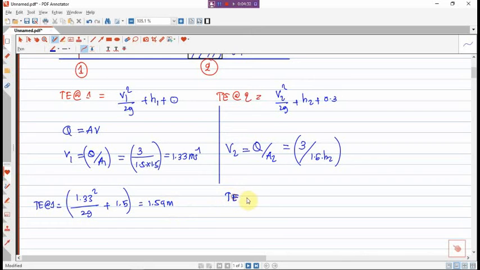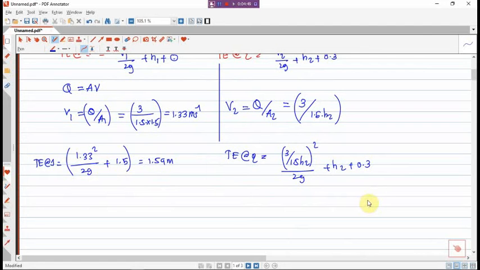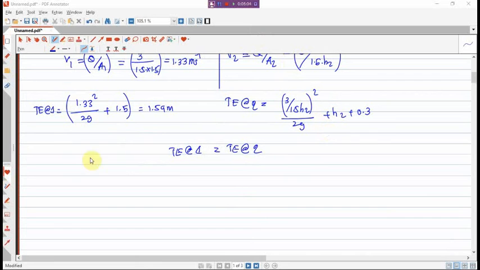Likewise, the total energy at 2 is v2 squared, with v2 as 3 upon 1.5 h2, whole squared upon 2g plus h2 plus 0.3. But total energy 1 is equal to total energy 2, right? So 1.59 is equal to this one.